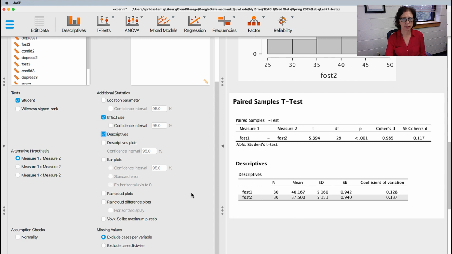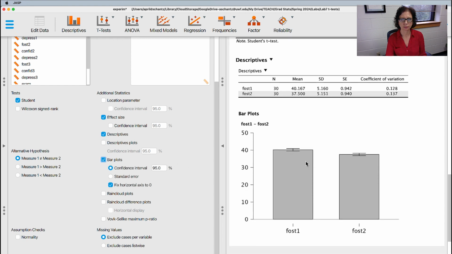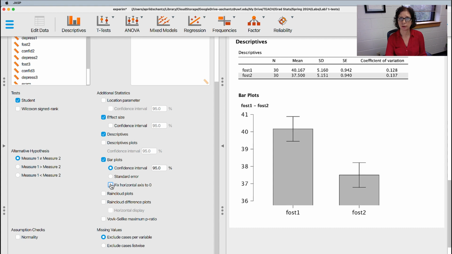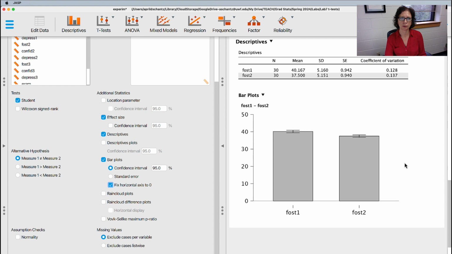So let's see what this looks like in terms of bar plots. Okay, we have a little bit of difference. If I turn off that, it looks bigger, right? So I usually try to not make it look overstated in my graphics because I don't want to mislead anyone.